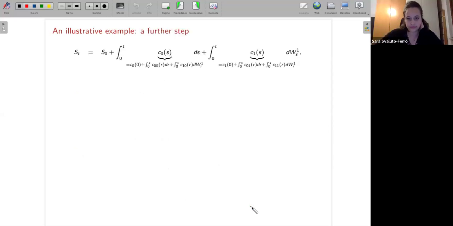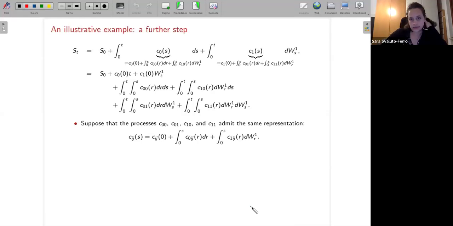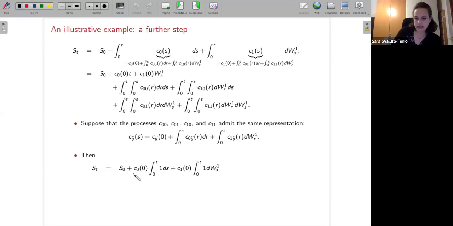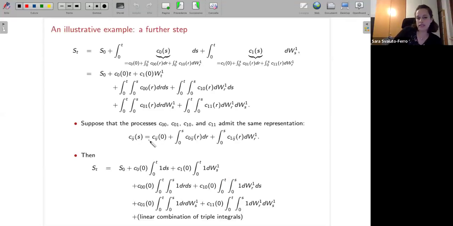We can do it again. Suppose that each of them can again be written as something dr, something dW. It's not asking much, right? If you can do it, then you can plug it in. This is what we already got before, a linear combination of level 1, and you get also the other terms.